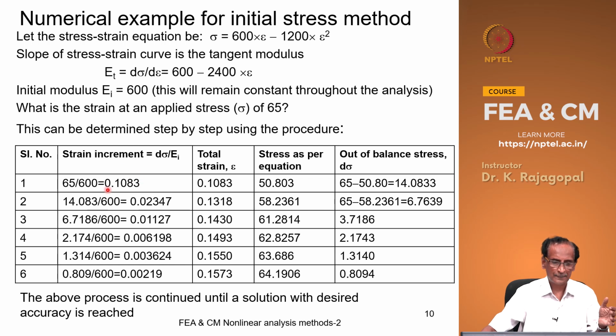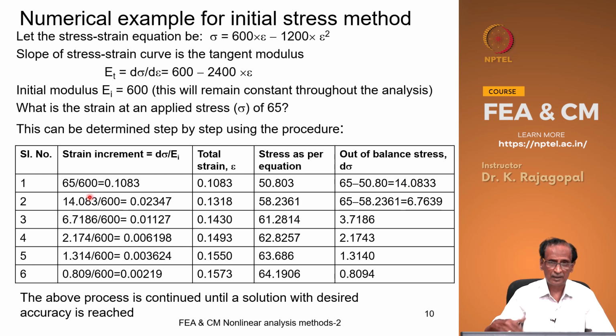Our initial guess on the strain is 0.1083, and the corresponding stress at a strain of 0.1083 is 50.803, and then the difference between the applied stress and the stress corresponding to this strain is 14.